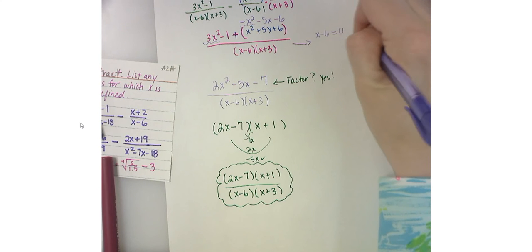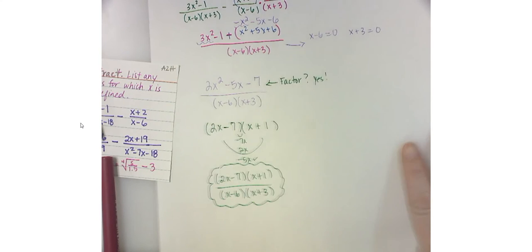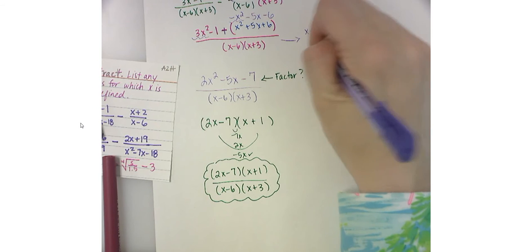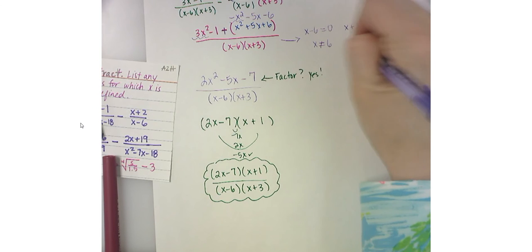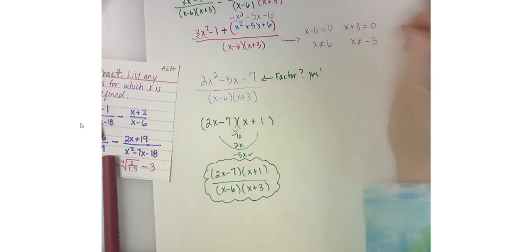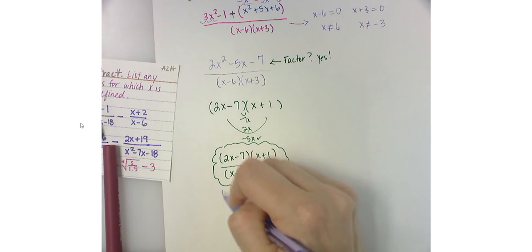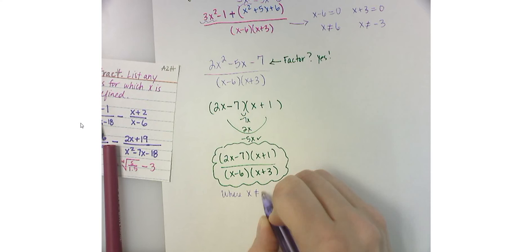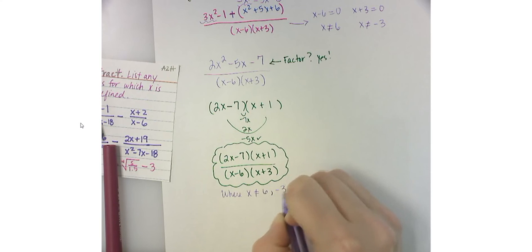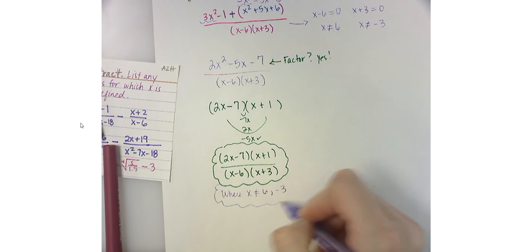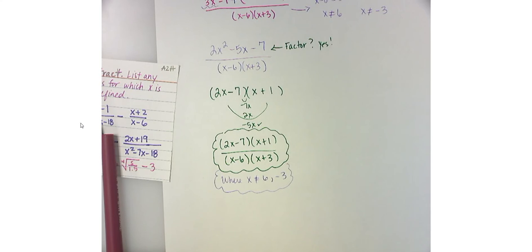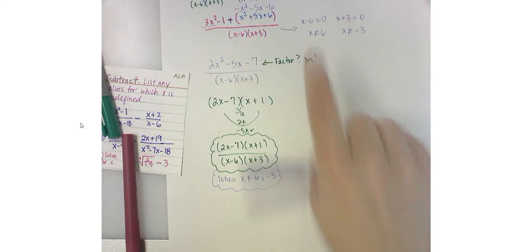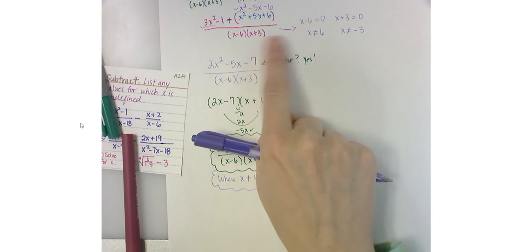So x won't be able to be 6, or x cannot be negative 3. Okay, so this is where x cannot equal 6 and negative 3. Okay, and the reason why I like to just put it up at the LCD step is even if they were to cancel out at the end, you have to take both of those into consideration.